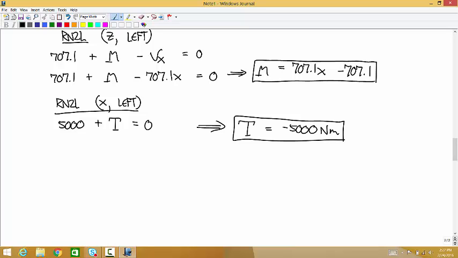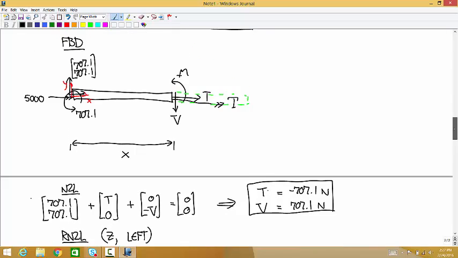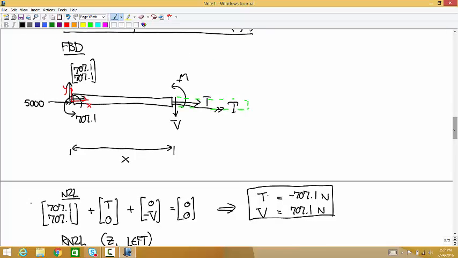So if you're looking at this, in this example, there's actually some analysis you could do right now. If you're concerned about this object breaking, where would you be most concerned? Well, what we see is that the tension and the shear force, those internal loads don't vary.